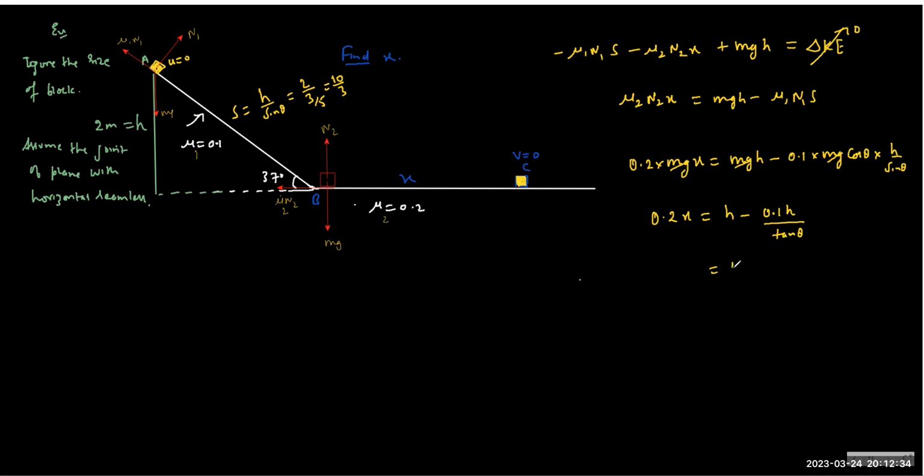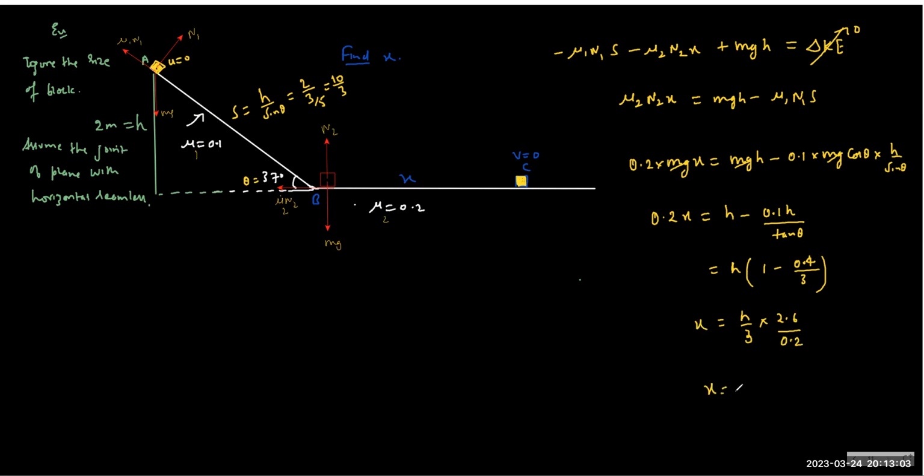So very interesting. h is common, so 1 minus 0.1 by tan theta, and tan theta is 3 by 4, right? 3 by 4. Yes, sir. Okay, so this is h by 3 into 2.6 upon 0.2 is x.